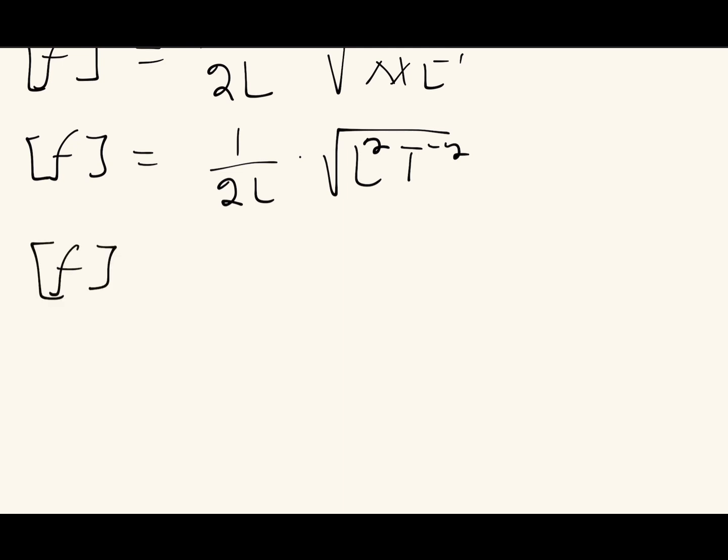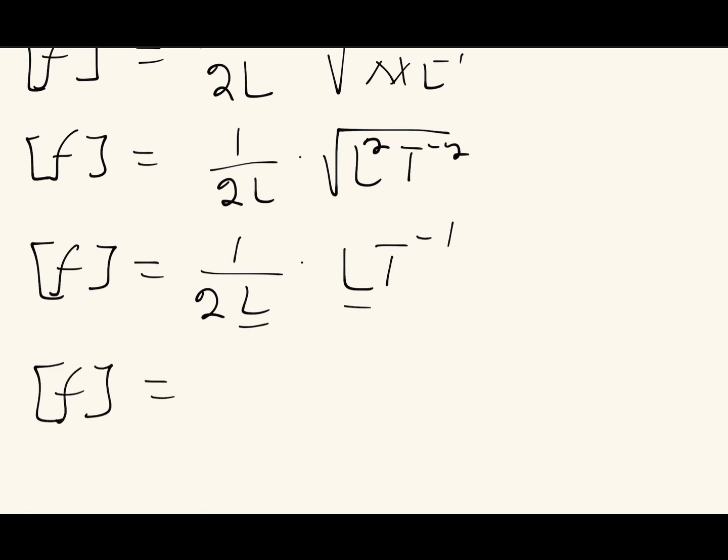So we simplify once again. 1 over 2L times LT^-1. Now with this, obviously these L's will also cancel out. So now we have the dimension of F being 1 over 2 times T^-1.